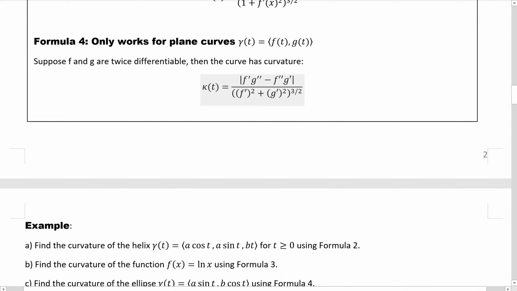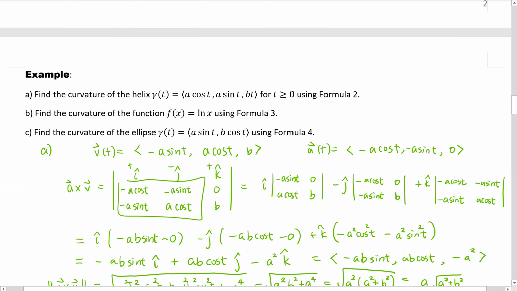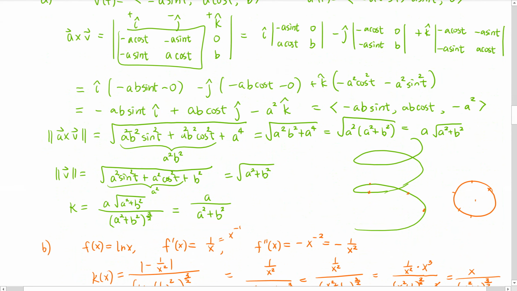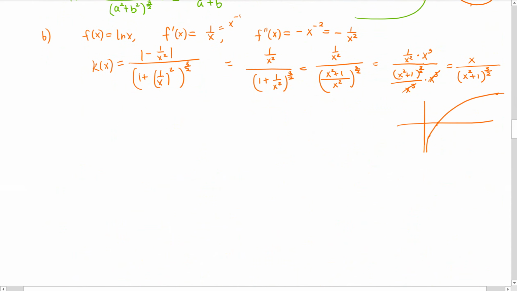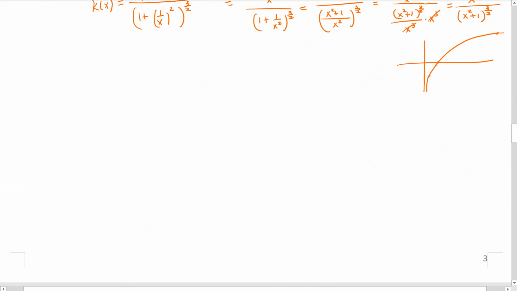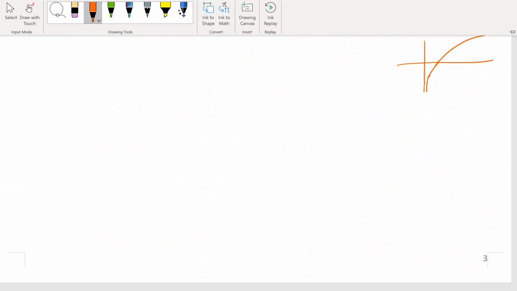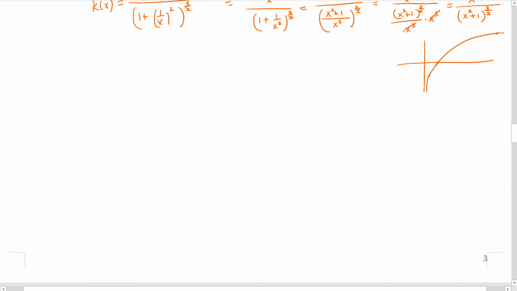On the top we want to have f prime, f prime prime, g prime, and g prime prime. So here let me use a different color. C: gamma of t equals a sine t, b cosine t.